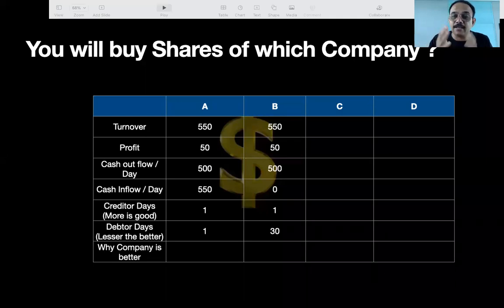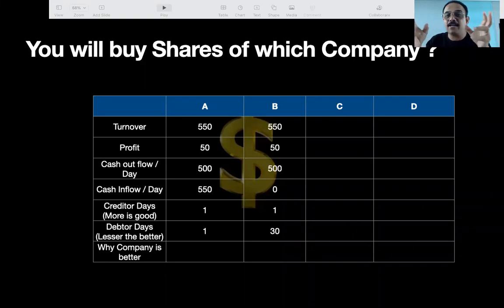He has to invest 500 for 30 days, then he is getting return. So he is investing more than A. He is having a risk of default by the customer and all other problems, so A is better.